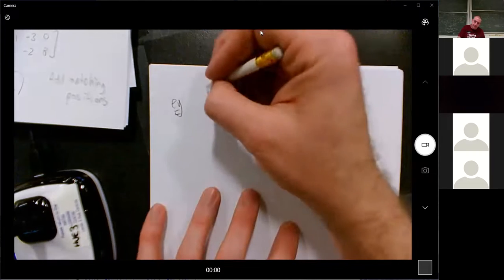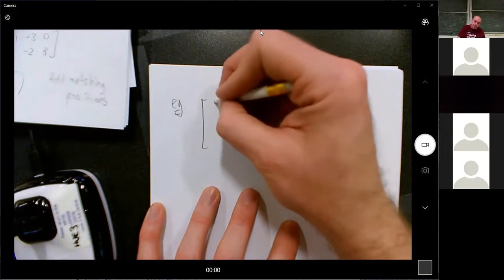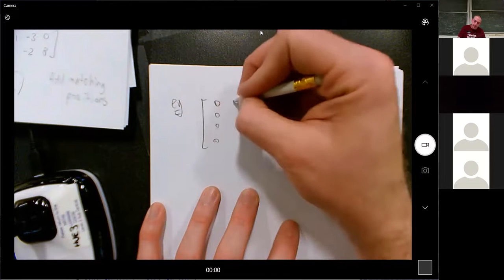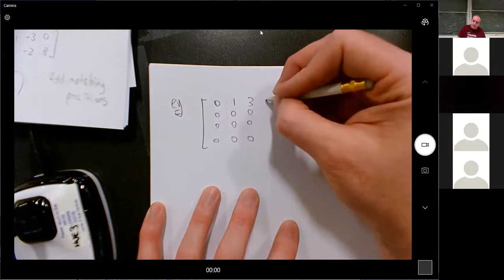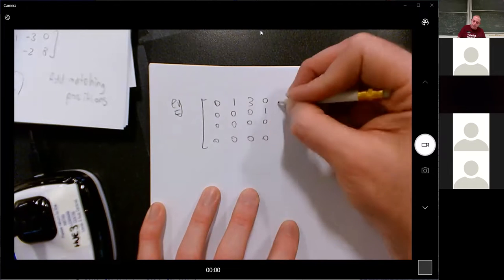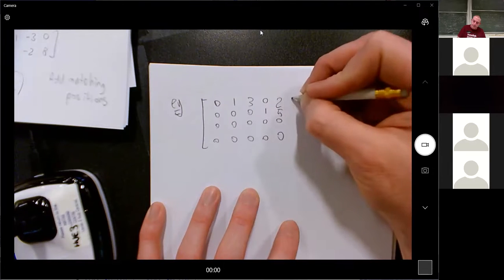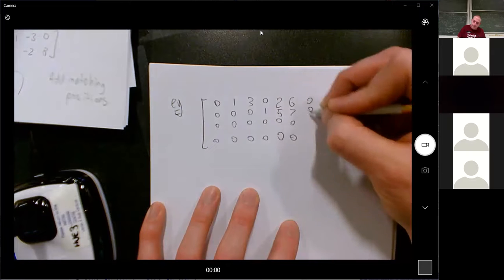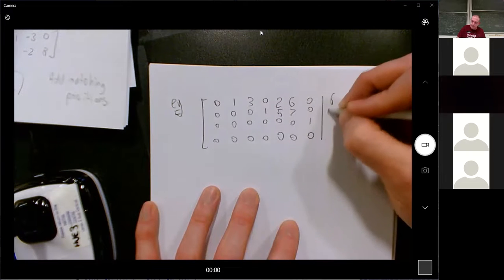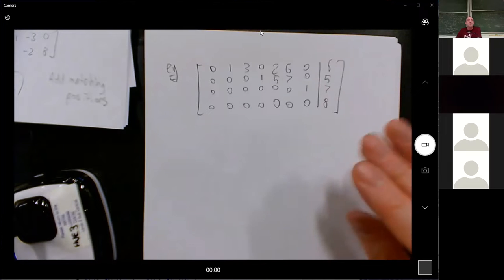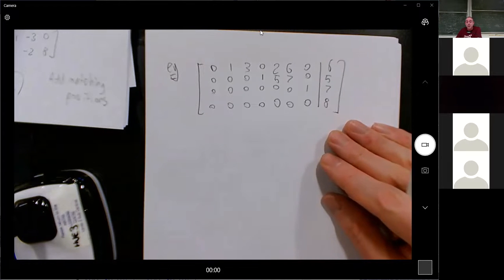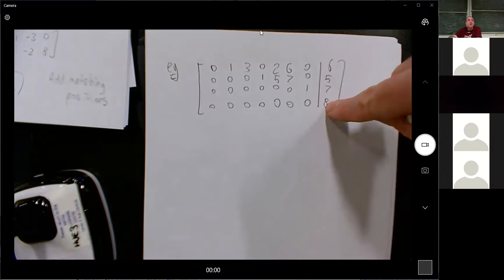Best with an example. So this is not technically in reduced row echelon form, because if it was in reduced row echelon form, there would be a 1 in this position here.